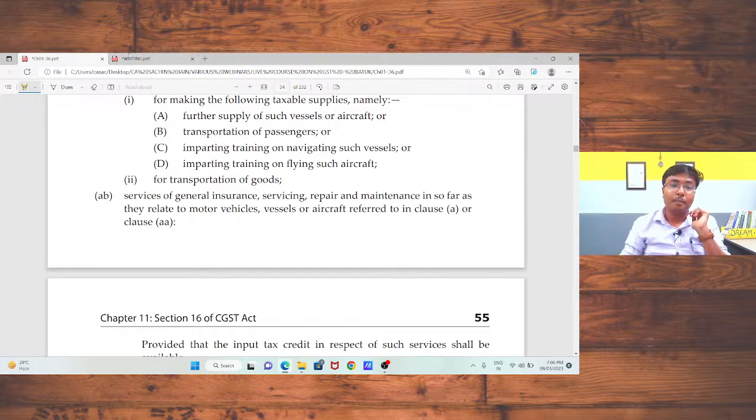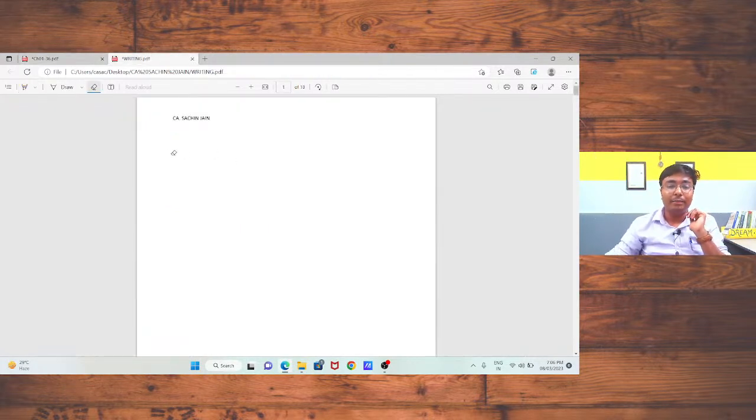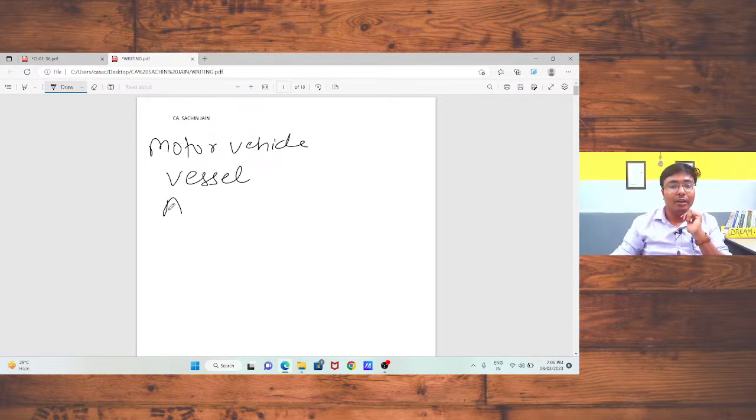That means, sir, what do you mean? That means, sir, in case of motor vehicle, in case of vessel, or in case of aircraft, input is not allowed.